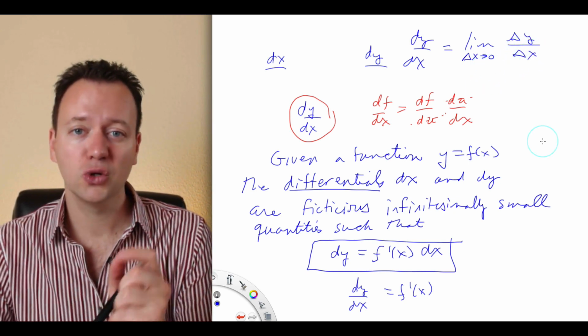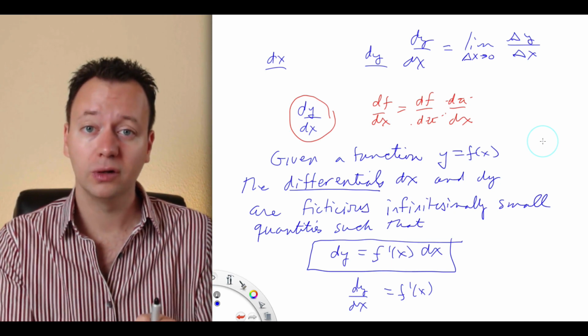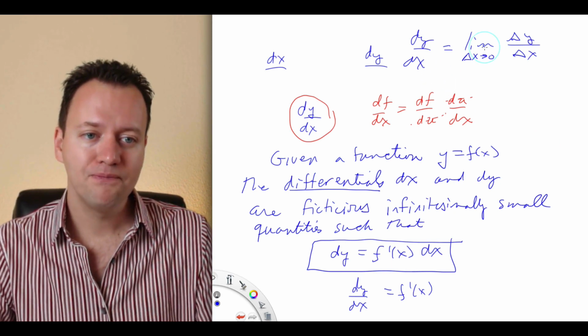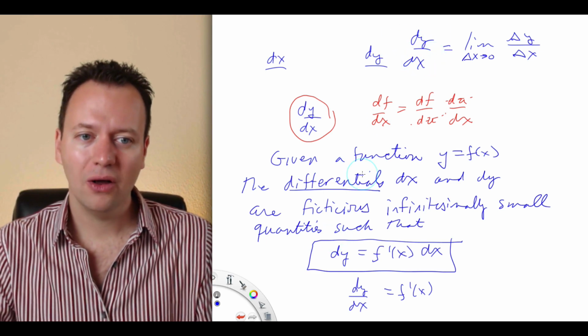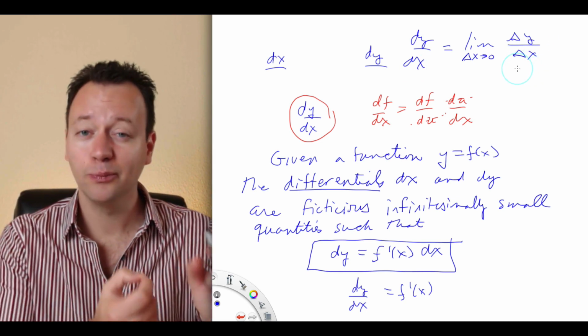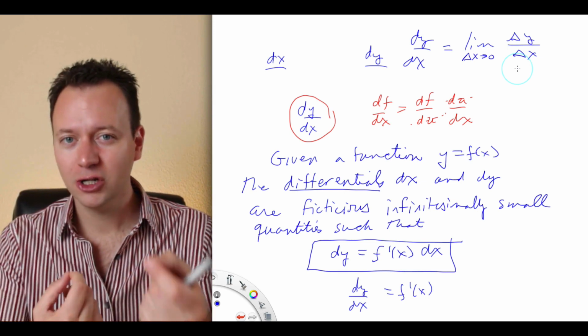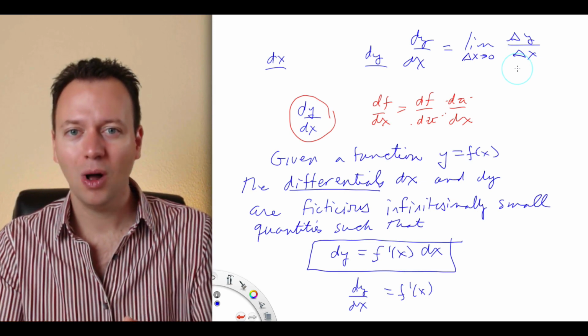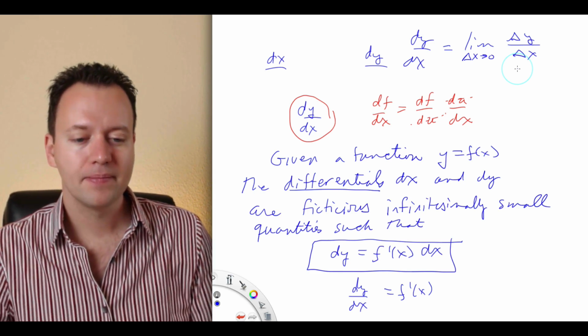Your delta x is shrinking to 0, and we're seeing what happens to the ratio of delta y over delta x, and we obtain dy dx. So dy and dx are what happens to delta y and delta x as both of them go to 0. They are these fictitious, infinitesimally small quantities whose ratio is equal to the derivative.